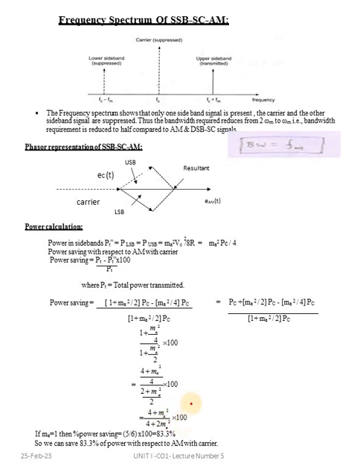Taking critical modulation as our constraint, 100% modulation, Vm by Vc is equal to 1. So this is equivalent to 83.3%. So the efficiency is drastically improved when compared with double sideband with full carrier and double sideband with suppressed carrier. That is why we prefer SSB for sending the AM modulated waveform.